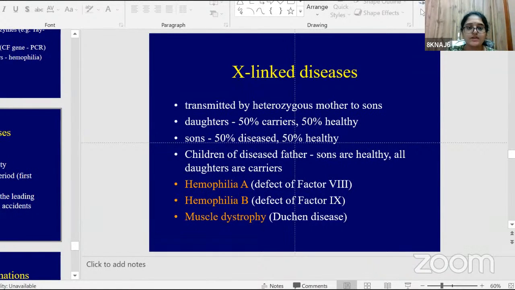You will never know, because it is always a chance that is working out. Therefore, it is important for us to recognize the mode of inheritance, so that through the pedigree you can establish why a particular person is affected.